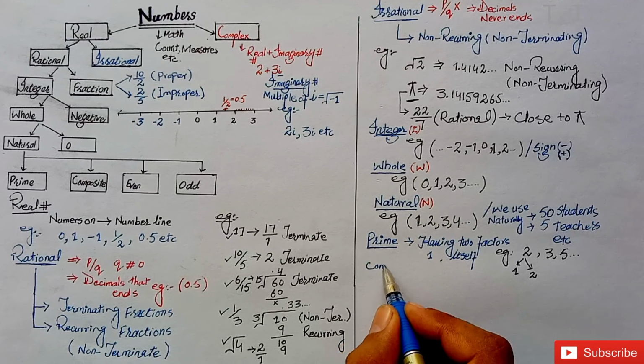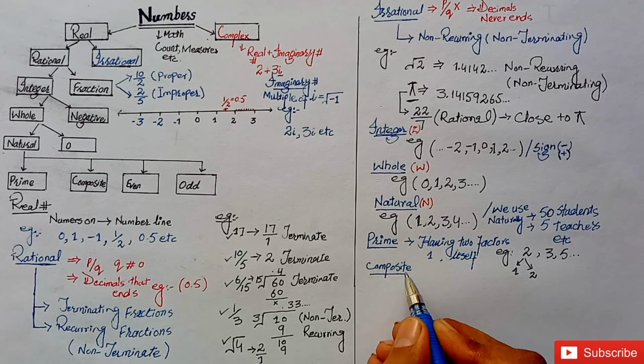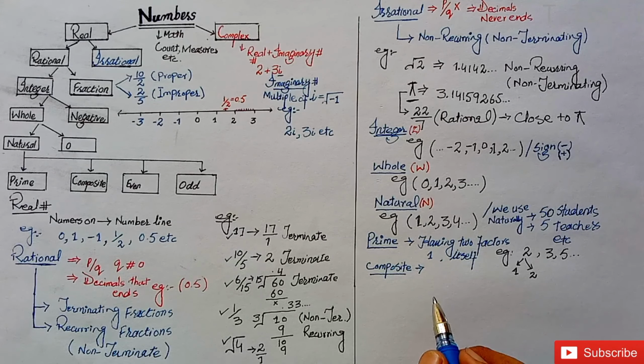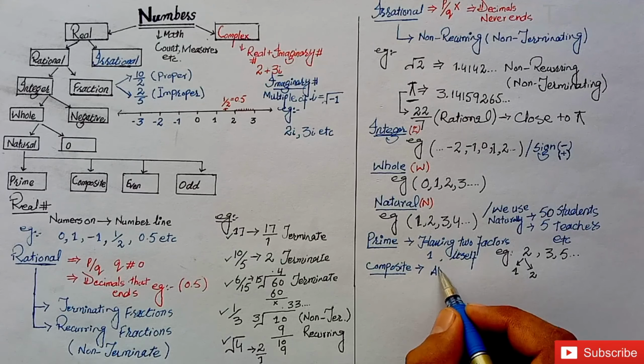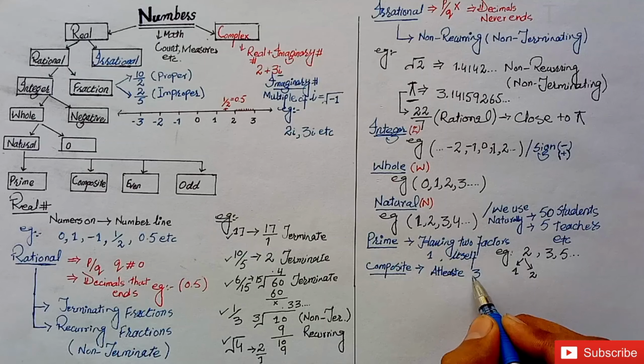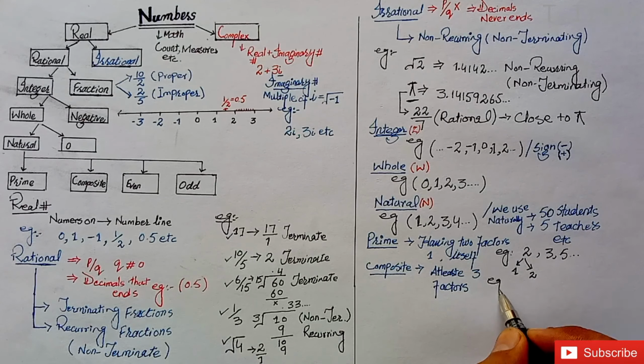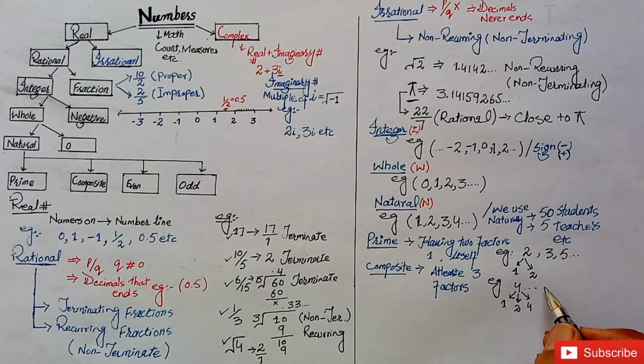While on the other hand, composite numbers are those natural numbers which have at least 3 factors. For example, 4, 6, 8, etc. These are examples of composite numbers, as 4 is divisible by 1, 2 and 4. So this has 3 factors. So this is a composite number.